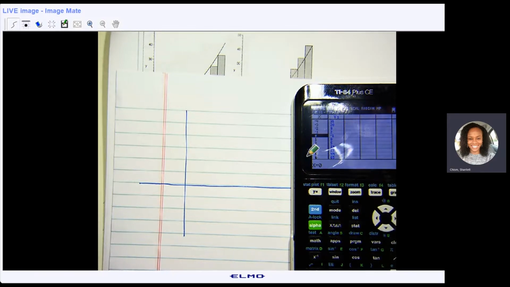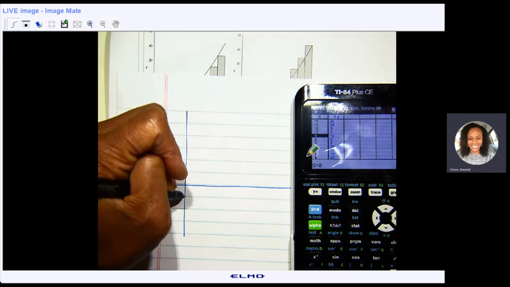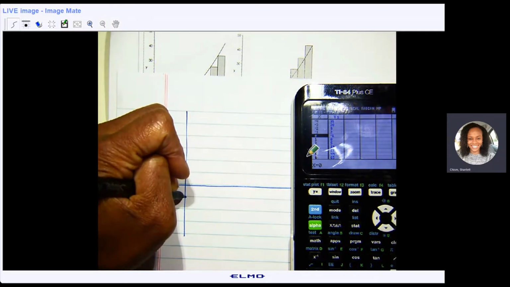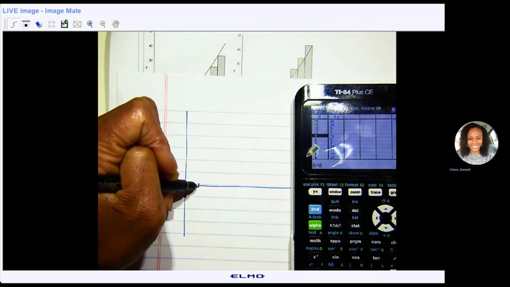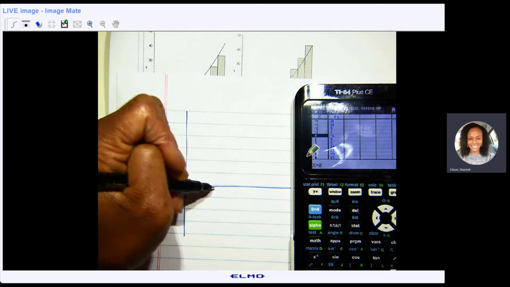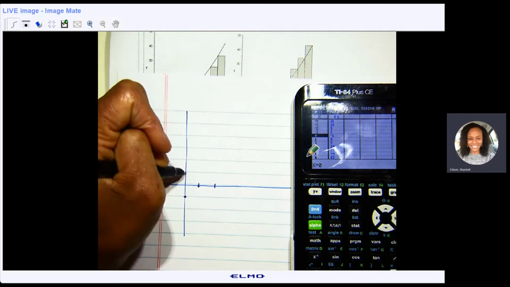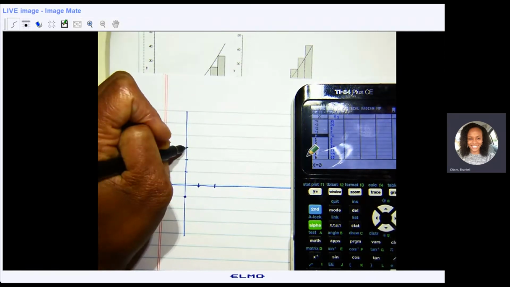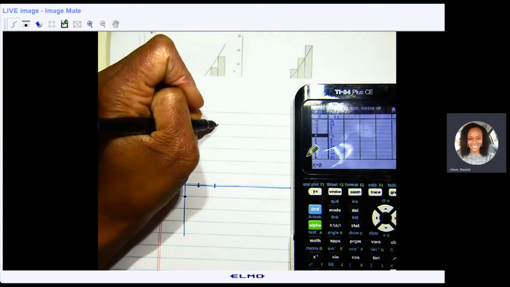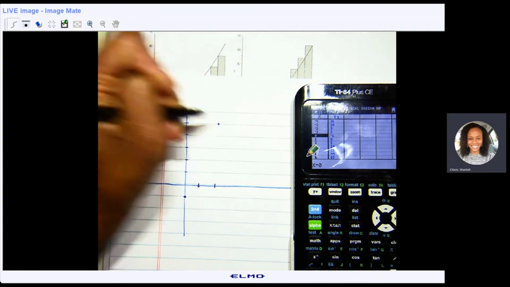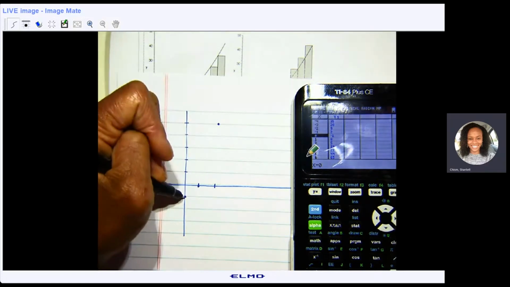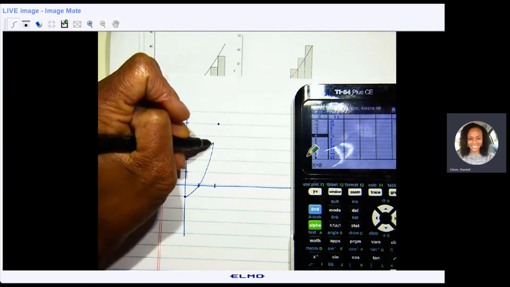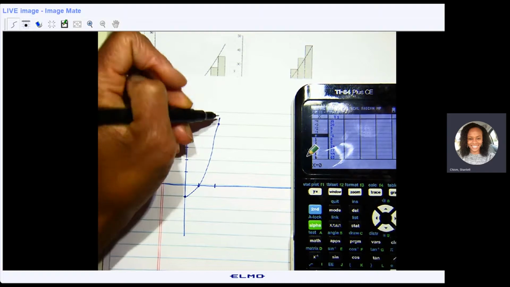So I've got a point at 0, negative 1. At 0, the graph is down here, negative 1. I've got a point at 1, 0. I've got a point at 2, 5. And then it just keeps on going. It gets much bigger. So I'm just going to sketch this part.